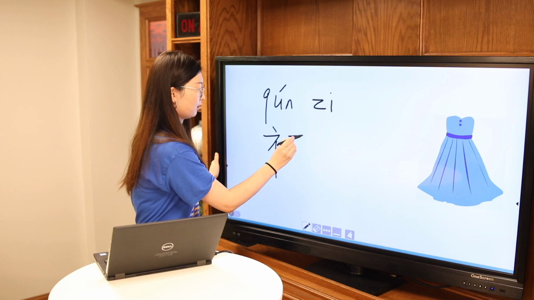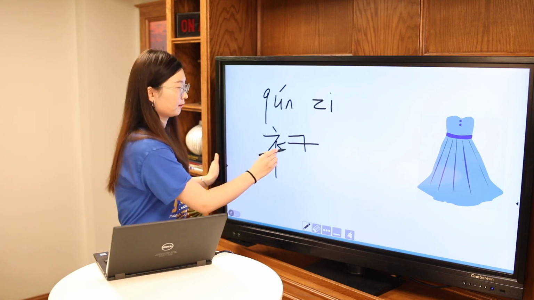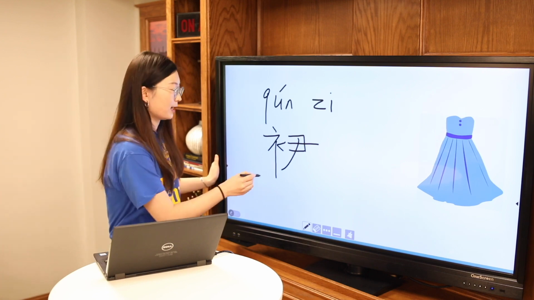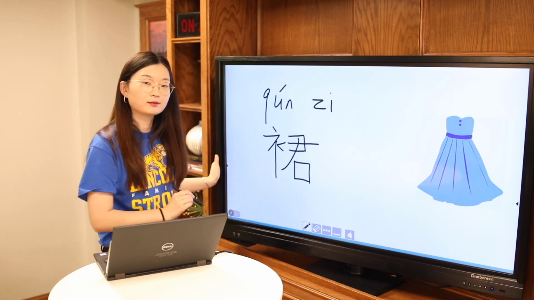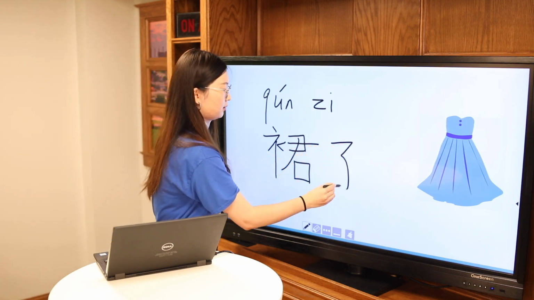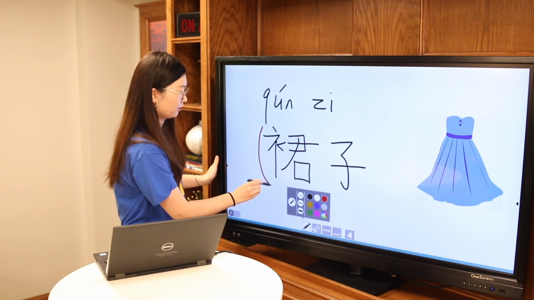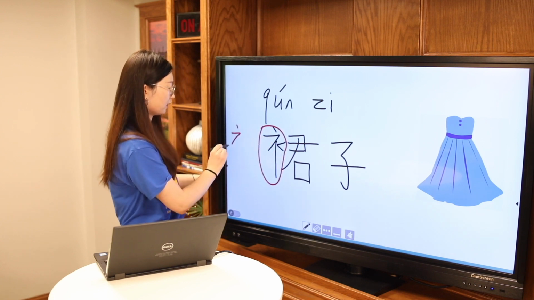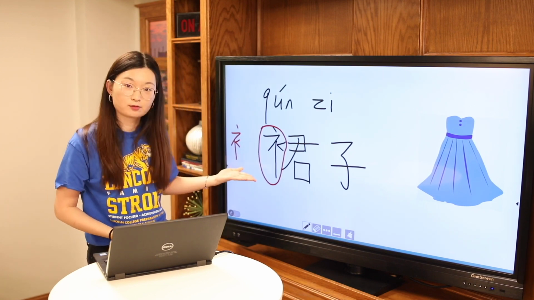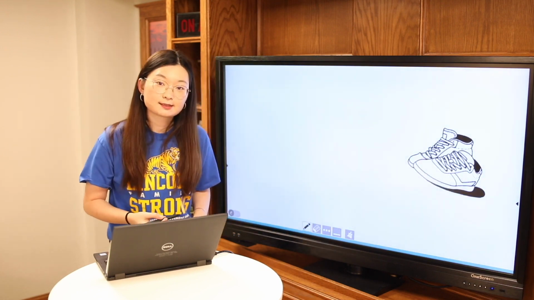Okay 横竖 横 撇 and then you write the mouth radical which is a square at the bottom, that's 裙, and the 子 is the same character. Okay, and a new radical for this unit is this one. If you see this radical it has something to do with clothes. Okay, it's the clothes radical. And the next one we have 鞋子.